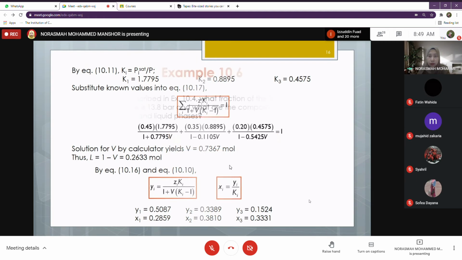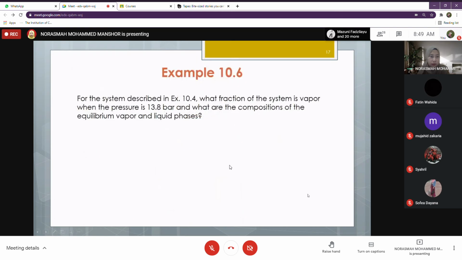Okay, next example 10.6. For the system described in example 10.4, what fraction of the system is vapor when the pressure is 13.8 bar, and what are the compositions of the equilibrium vapor and liquid phases? Now the pressure is 13.8 bar.